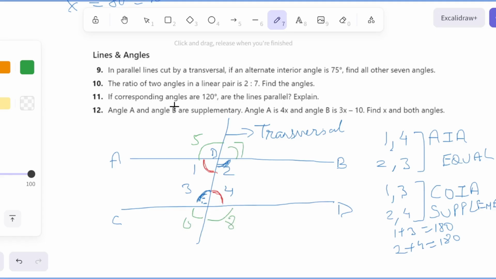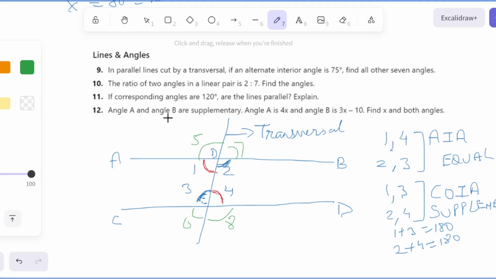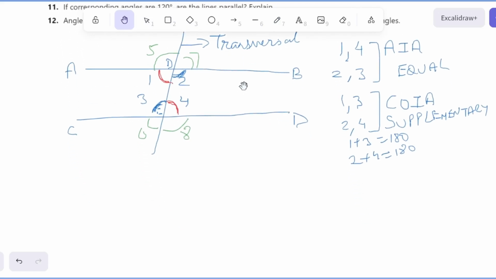Now we covered alternate interior and co-interior angles. Now let's move to the other set of angles which are formed when two parallel lines are intersected by a transversal. That set is corresponding angles. So what are corresponding angles? Write it down.